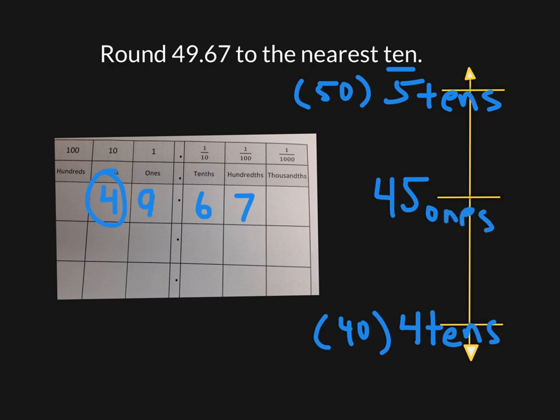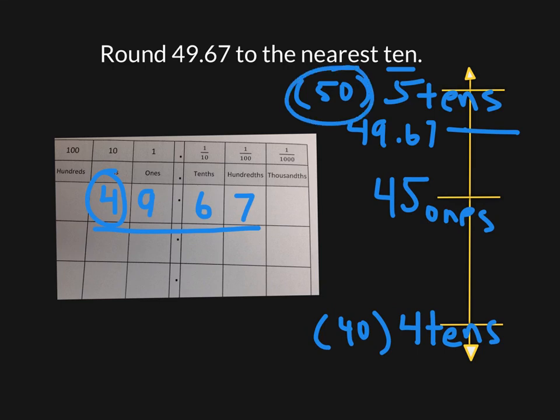Now I need to place my number that I'm rounding on the number line because I want to see if it's closer to 5 tens or to 4 tens. 49 ones is greater than 45 ones, so I know it's going to go above, and it's going to be very close to 50. So 49 and 67 hundredths will go up here, and it's closer to 50 than to 40, so I know it's going to round up.